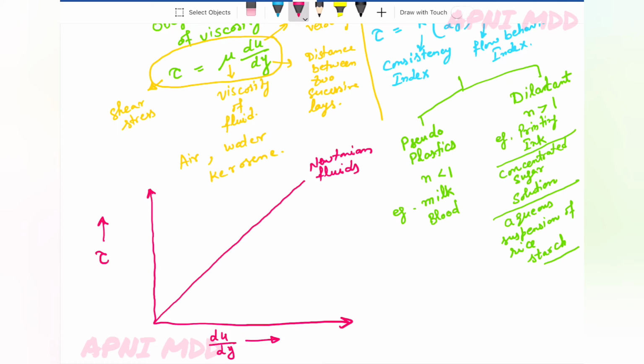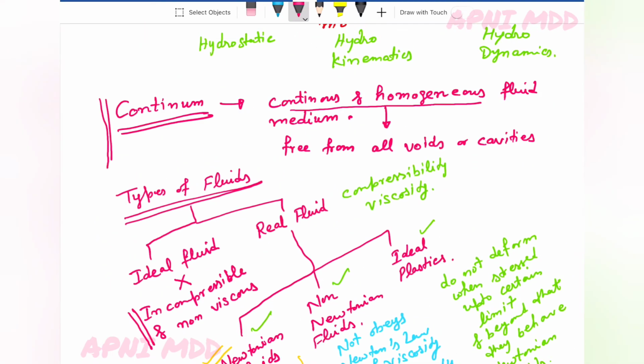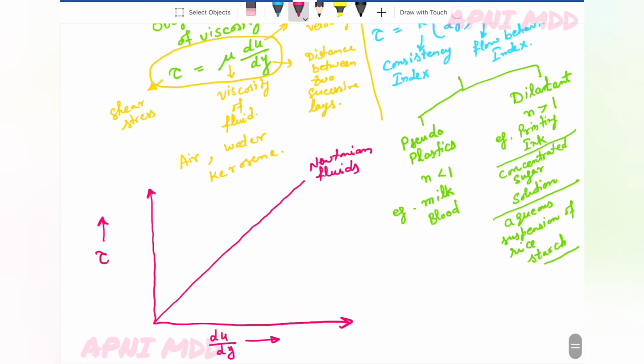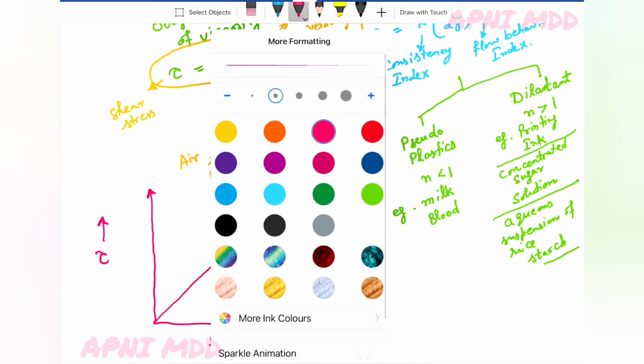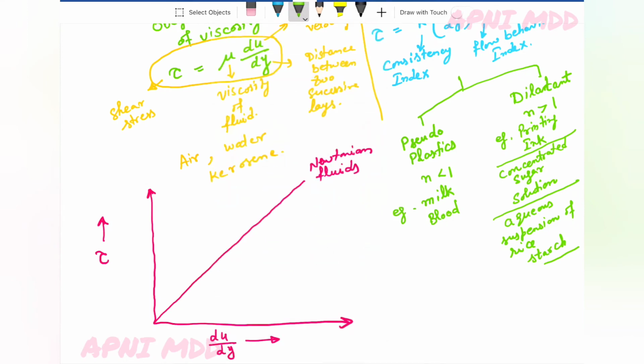For ideal fluids, there is no viscosity. So you can say along the x-axis we have the ideal fluids.